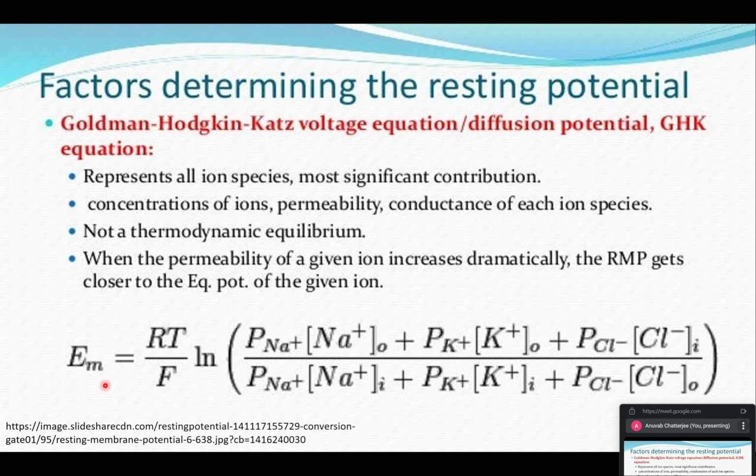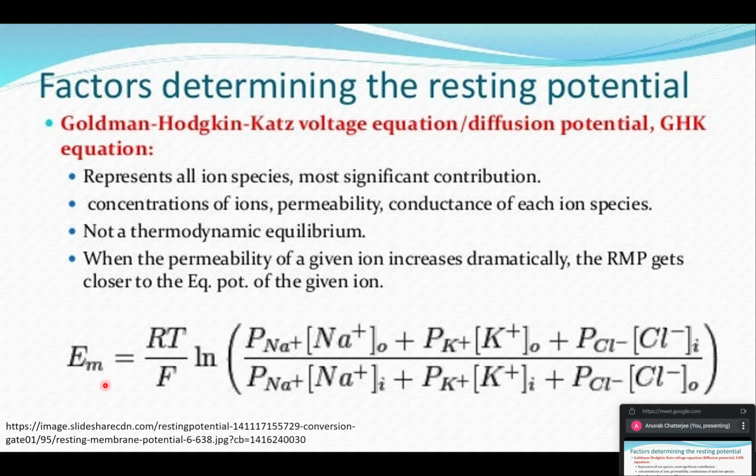Generally, membrane potential is recorded with a voltmeter-like apparatus, one end inserted inside the neuron and the other end resting outside the neuron, which gives around minus 70 or minus 80, as you saw.